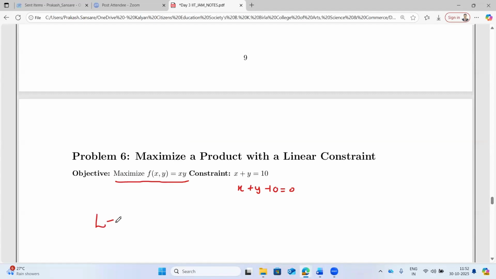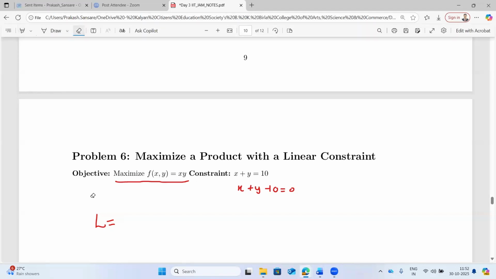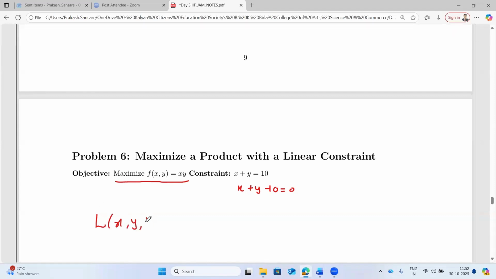Now my Lagrange multiplier here is L, basically L will be a function of x, y and lambda. It is x comma y comma lambda.